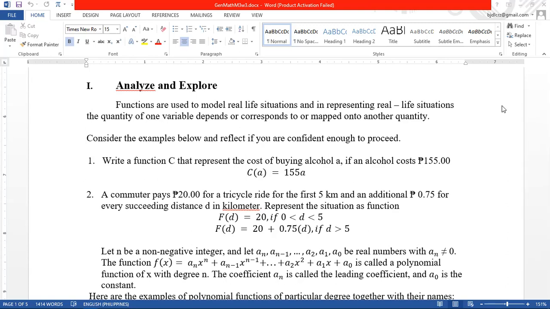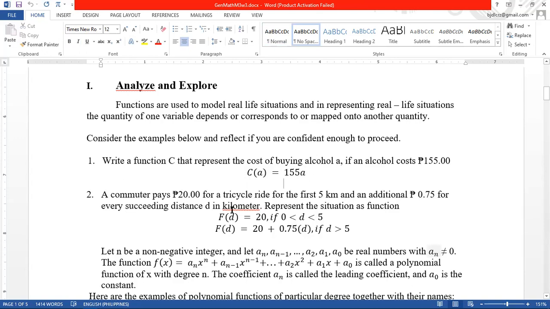So per alcohol is 155. A is the amount or the quantity of bottles of alcohol you will buy. So if you buy 10, 155 times 10 is equal to 1,550. So that is C of A.